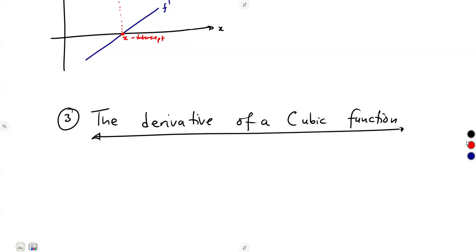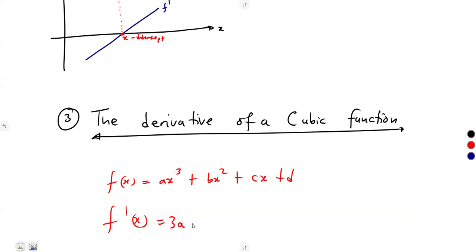When you are to consider a cubic function, remember that f of x is equal to ax cubed plus bx squared plus cx plus d. Its derivative is going to give us, remember, we differentiated this before, you multiply here, that's 3ax squared. You subtract 1, plus 2 times b, that's 2bx. You subtract 1, cx is going to give us c for this linear. A constant gives us 0. Remember that.